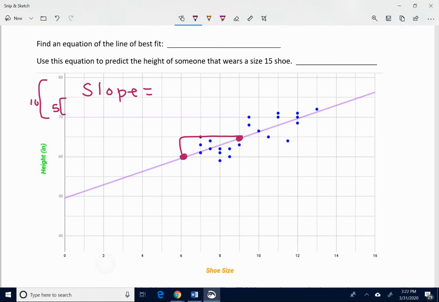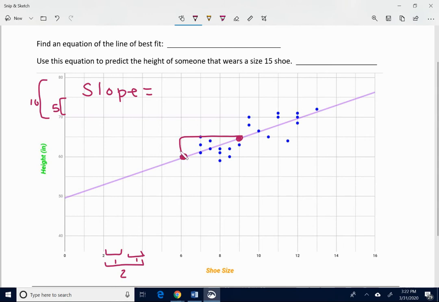On the x-axis, it looks like we're jumping from a shoe size of 2 to 4, but we're also jumping 2 spaces. So the x-axis is making jumps of 1. The y-axis is making jumps of 5, the x-axis is making jumps of 1. So when we find the slope, we need to keep that in mind.